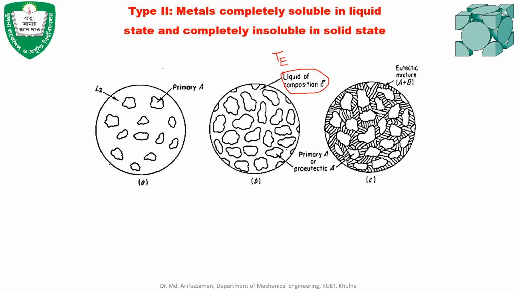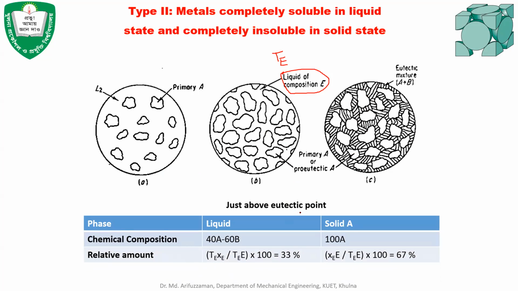Let's see the composition just above the eutectic point. The relative amount of phases, that means the liquid percentage, will be 33% and the solid percentage will be 67%. That means here 67% of crystal A and 33% of mixture of A and B is present.